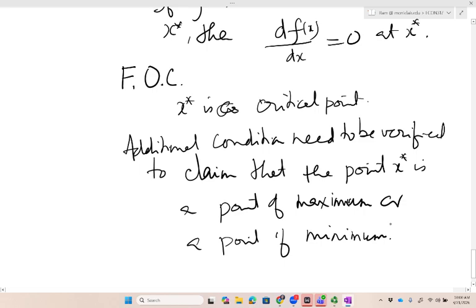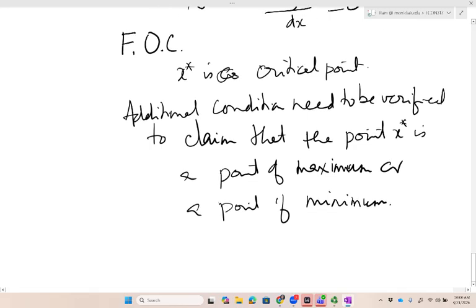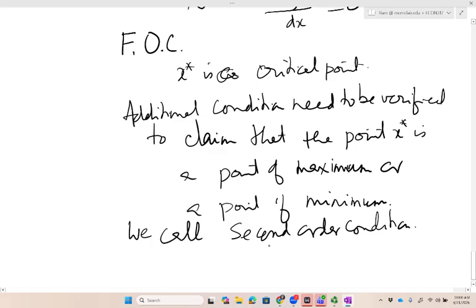And remember, we are not ruling out the situation where the point turns out to be a point of inflection. So that condition is typically called the second order condition, which we will learn at a later point of time.